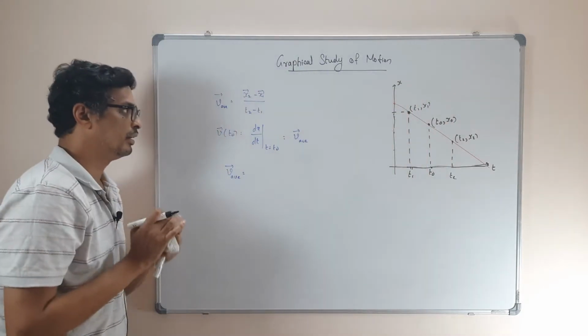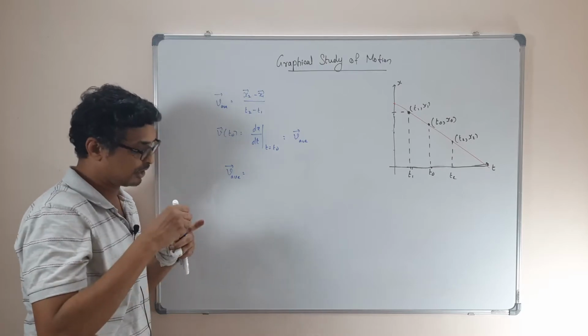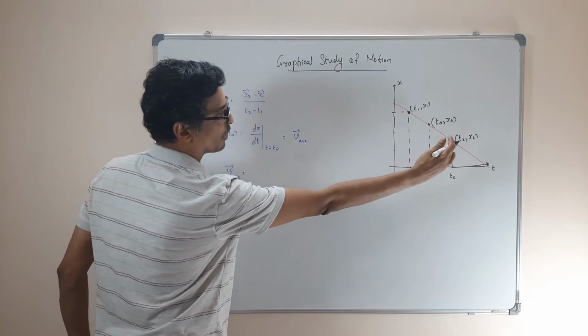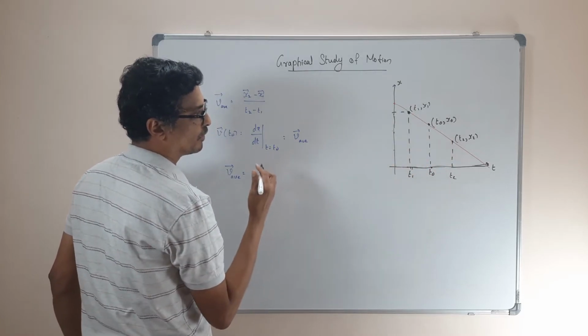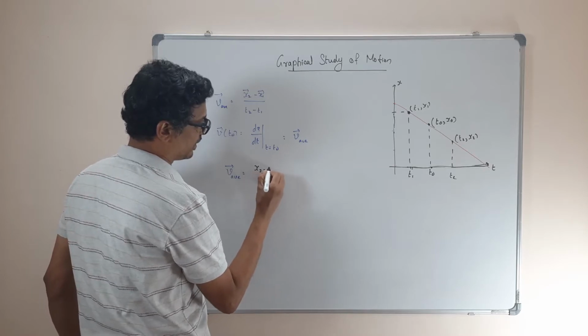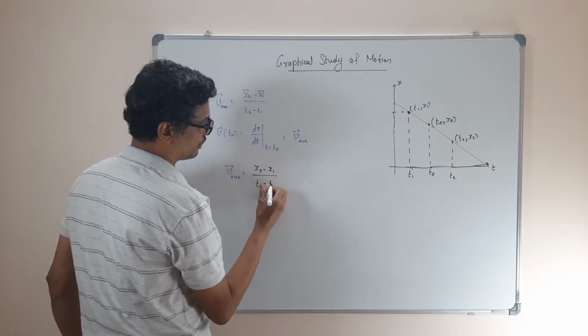Can you tell me, velocity is nothing but the slope? We saw that. So what will it be, tell me? X2 minus X1 divided by T2 minus T1.